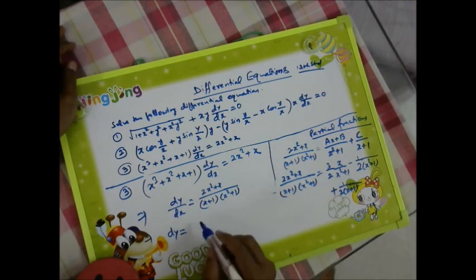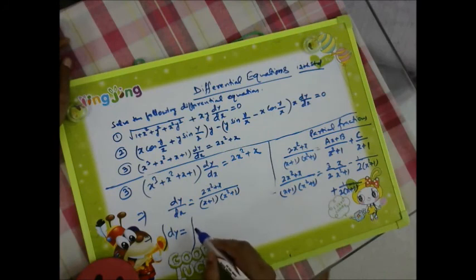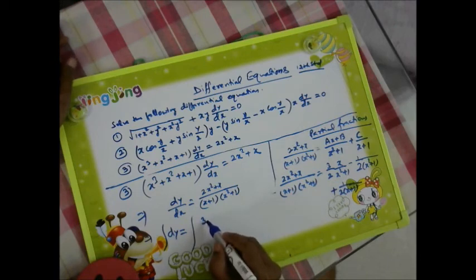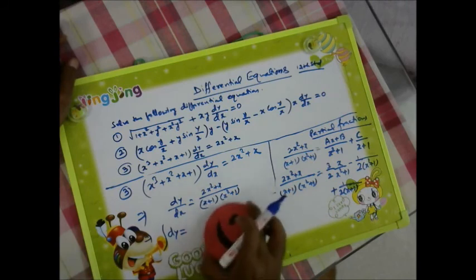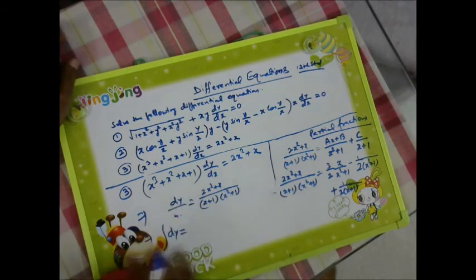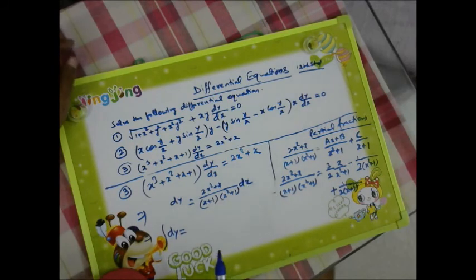So it is becoming, let us go for integration also. Integration of, let me write separately, and even this dx also I want to remove, and here I will write dx.